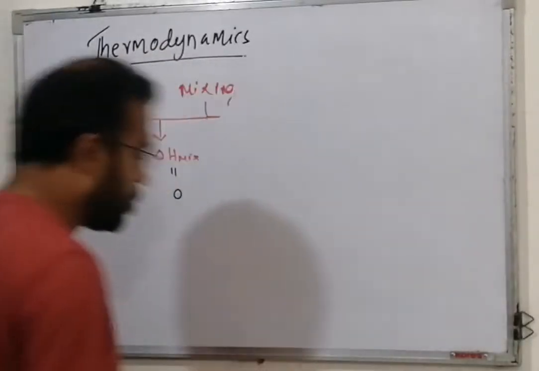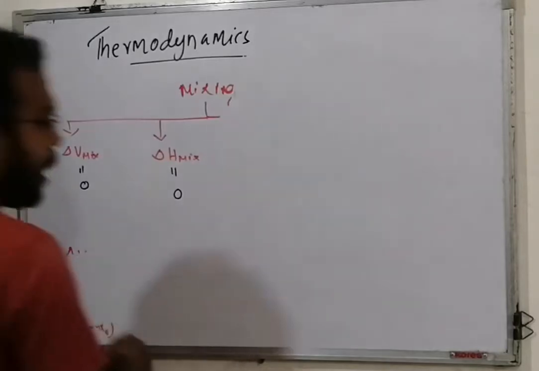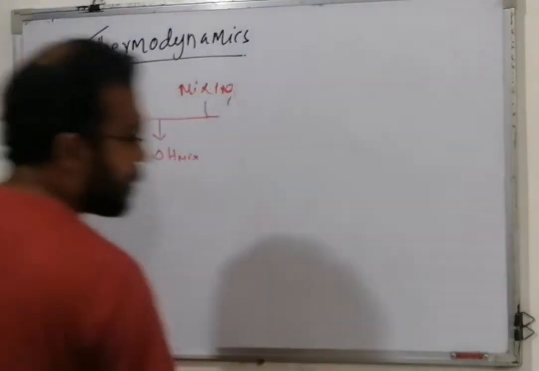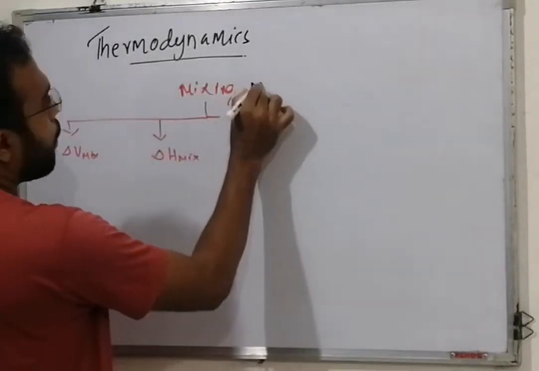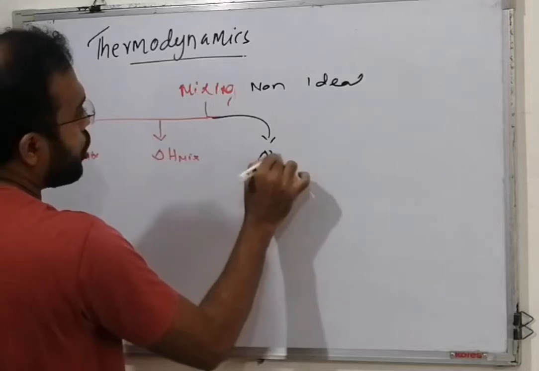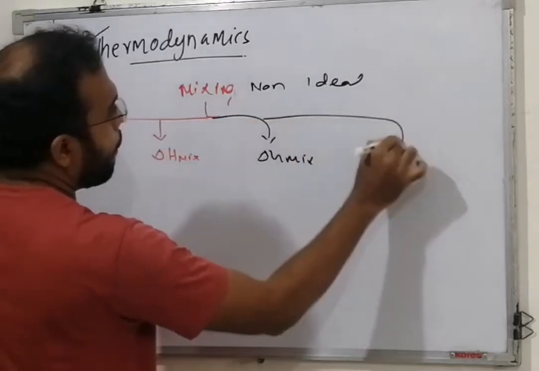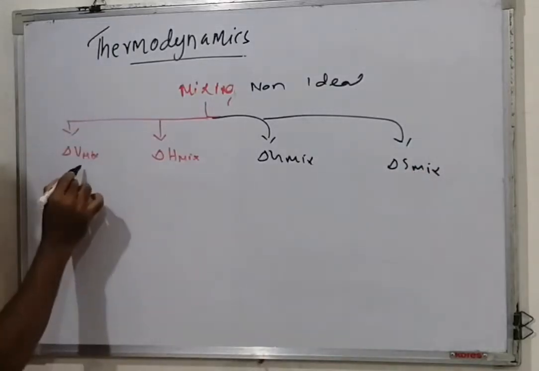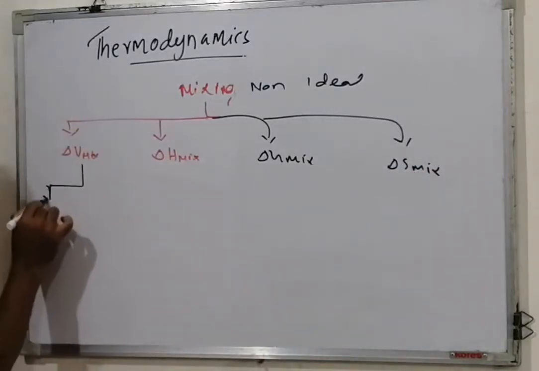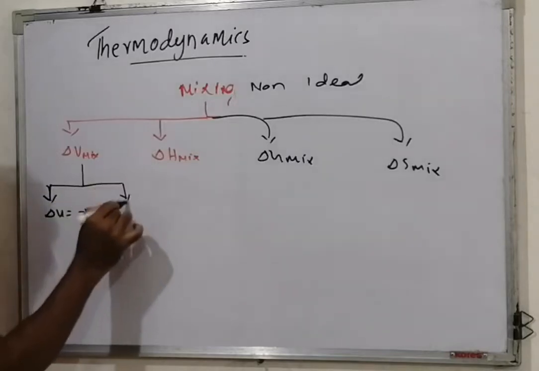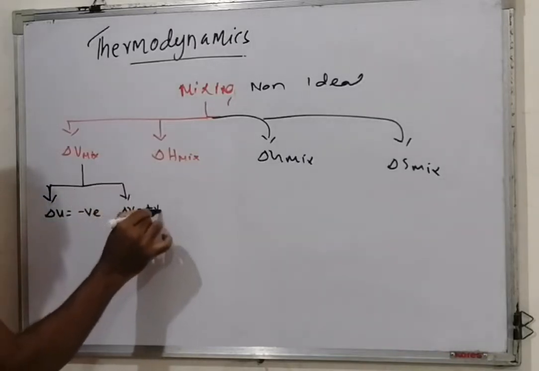For non-ideal solution, delta G mixing, delta S mixing. Here, delta V may be negative or delta V positive.